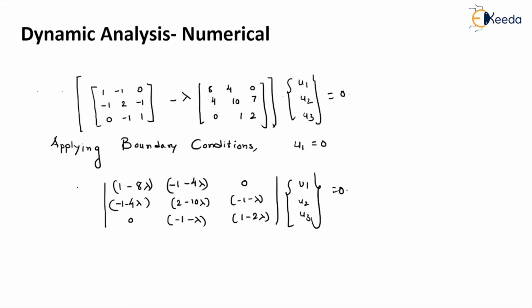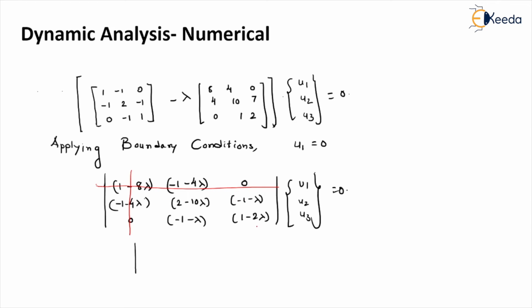Now applying this boundary condition for u1, the row and the column containing that value will be 0. So I am crossing out this first row and first column.